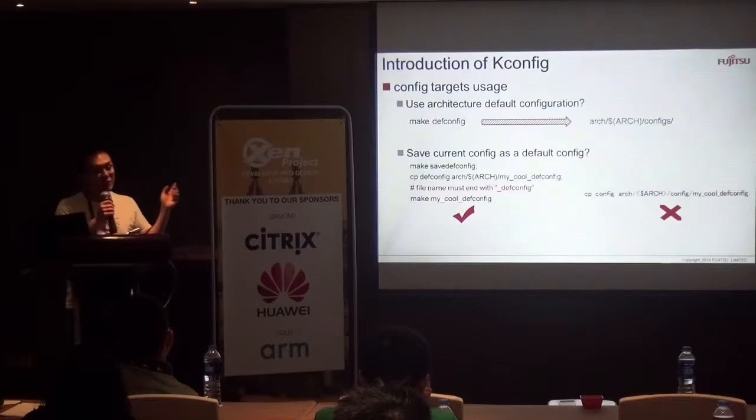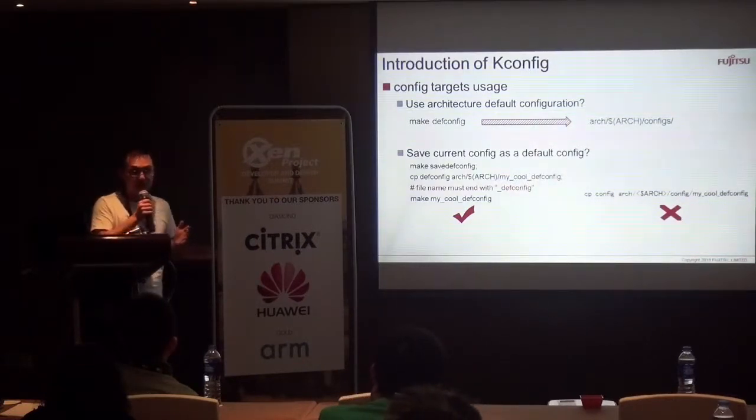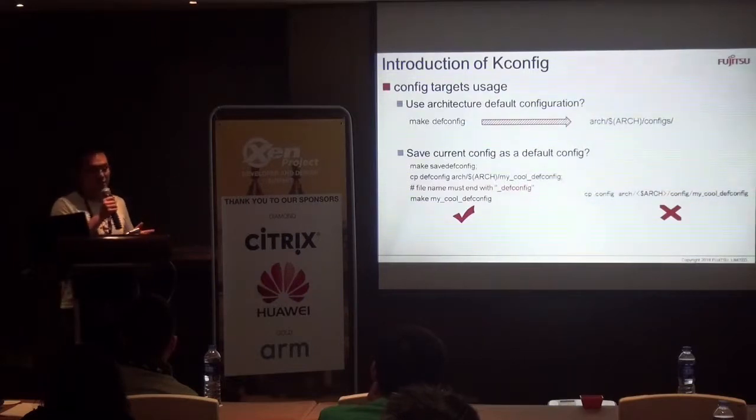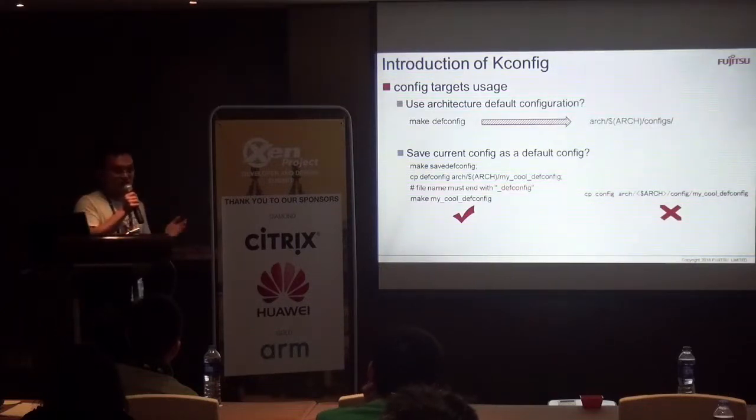This default config file just records the items which have a value different from the default. So in contrast to the .config file, the generated defconfig file will be quite short, because the .config file has all the configuration items as its content.